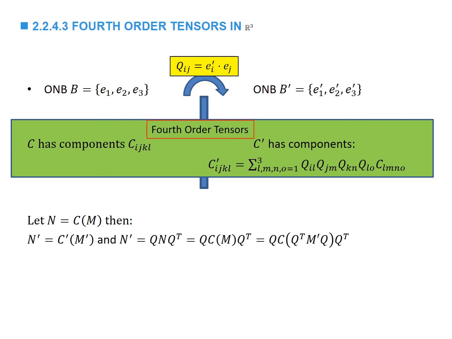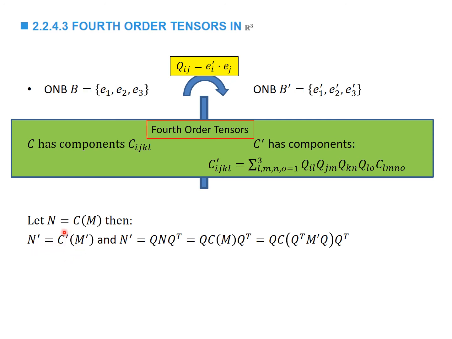Again, to show this, we are going to follow procedures similar to what we presented earlier. Given an arbitrary matrix M, N is equal to C applied to M. We also have that in the new components, N prime is equal to C prime applied to M prime.